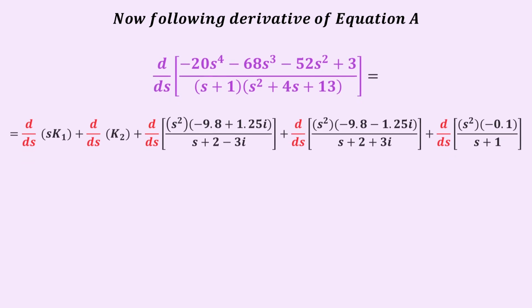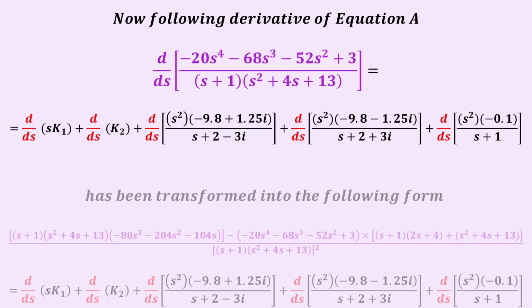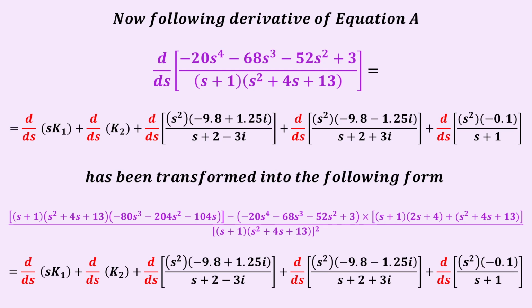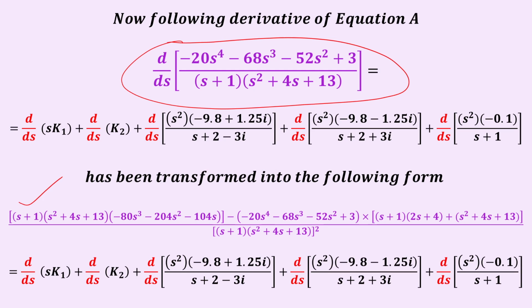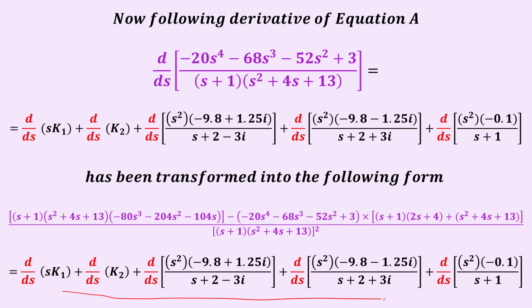Now the derivative of equation A has been transformed into this final equation, in which at the left hand side you can see the derivative of the rational function in this form. And now we will compute the derivatives at the right hand side.